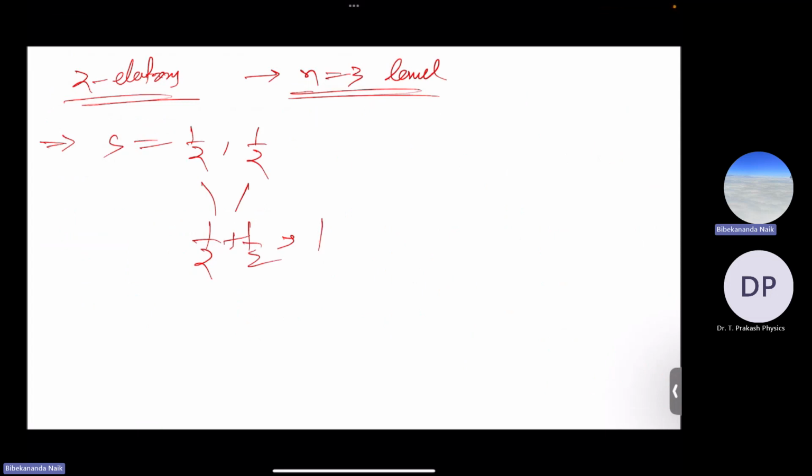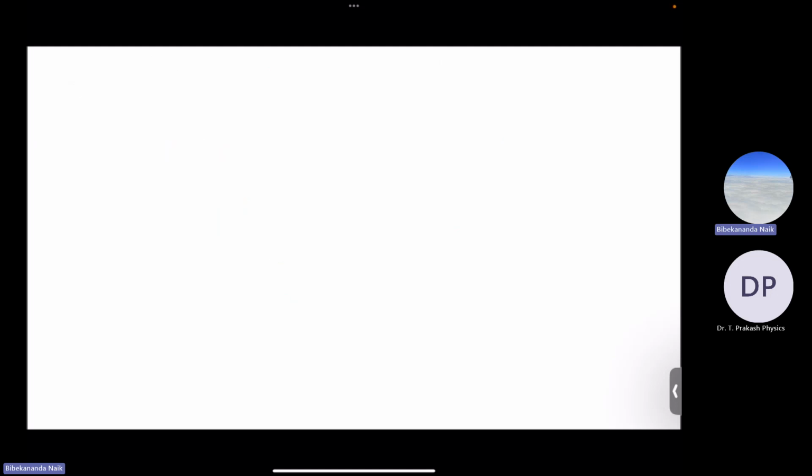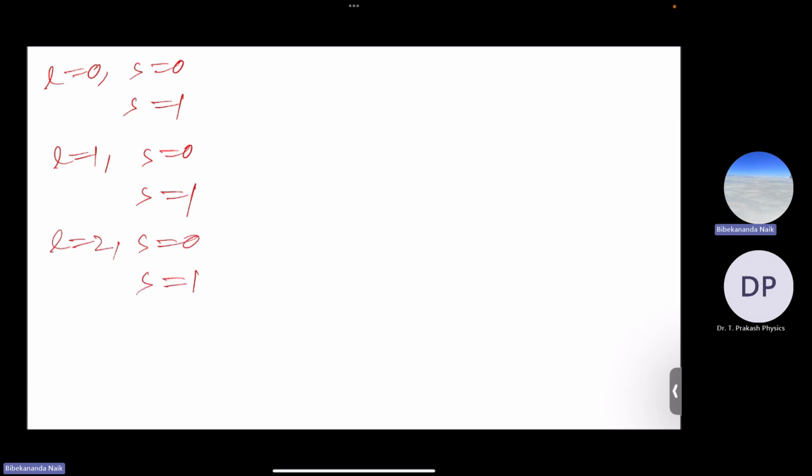Half plus half is 1 and half minus half is 0. So now we have two values of S, and similarly to the previous question, we have three values of L. So there will be six combinations: L0 S0, L0 S1, L1 S0, L1 S1, L2 S0, L2 S1.